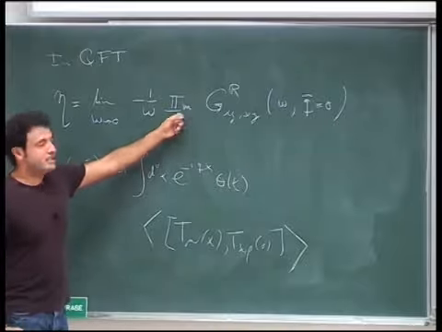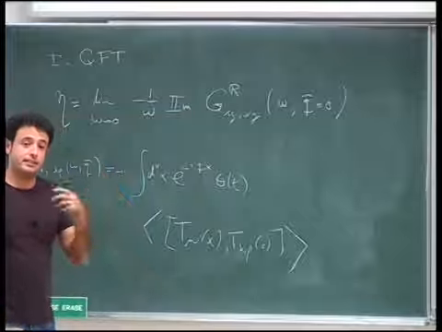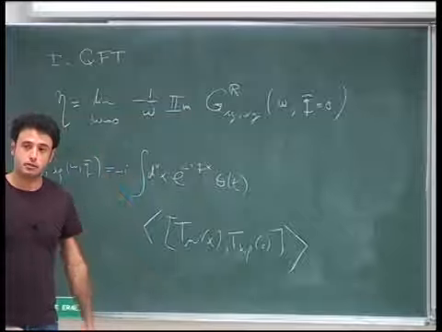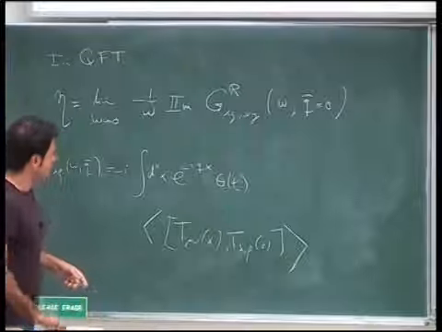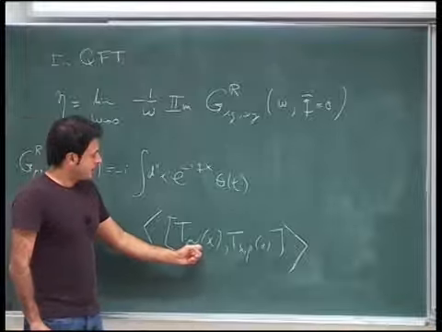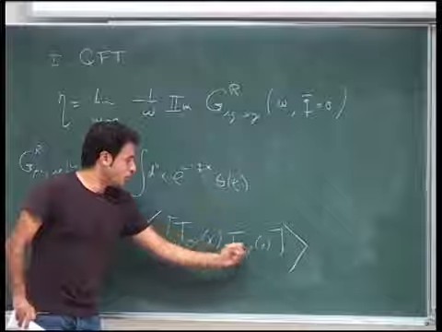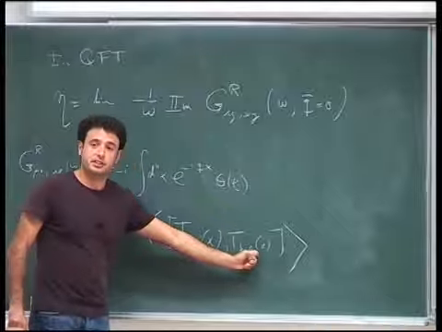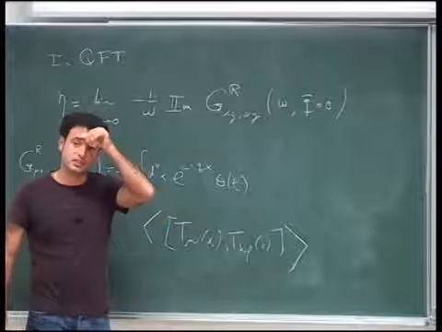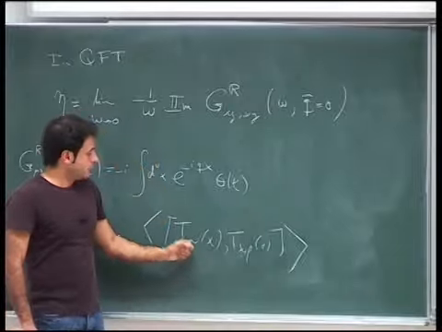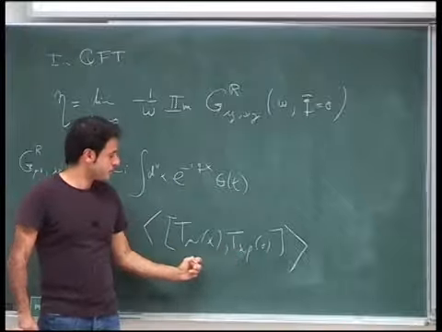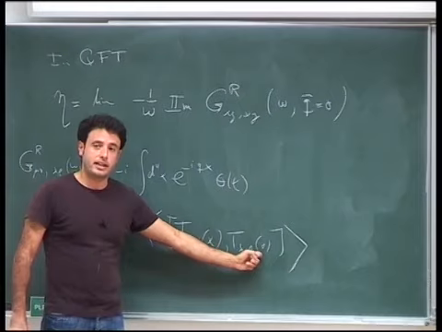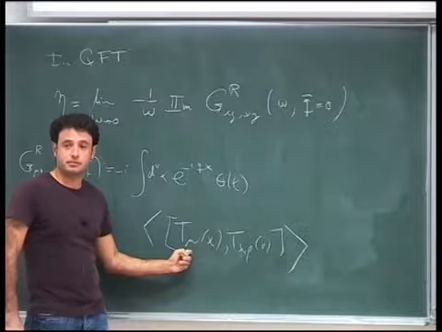Moreover, the imaginary part here is associated to the fact that we are looking at a diffusion process. And finally, this commutator here measures, as you would expect for a diffusion constant, how a perturbation that you create at the point x equals 0 propagates to the point x.